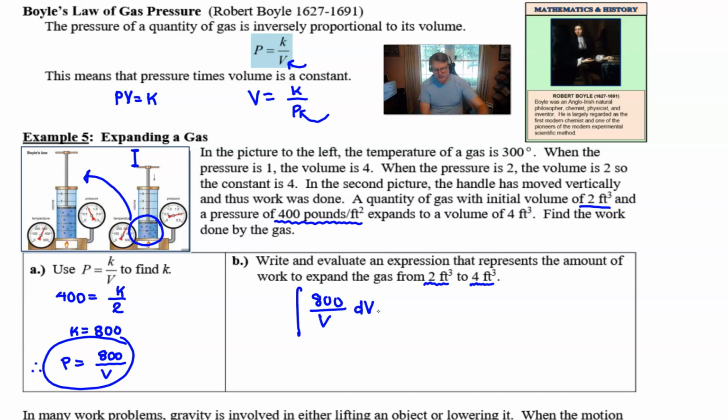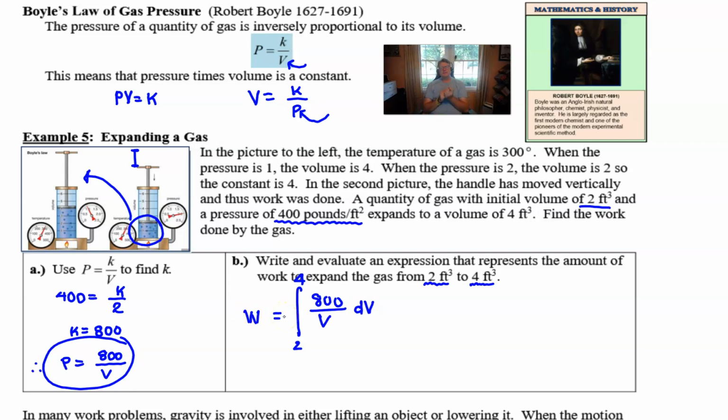Then we're going to add up all of those little pieces of work, which is why we integrate. And then we can do this integration over our entire span from 2 cubic feet to 4 cubic feet of volume. And that's going to end up being our work.